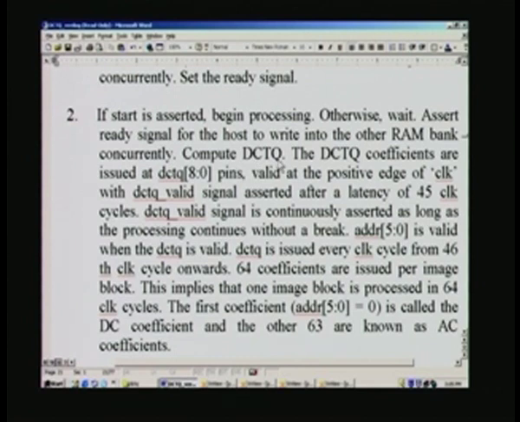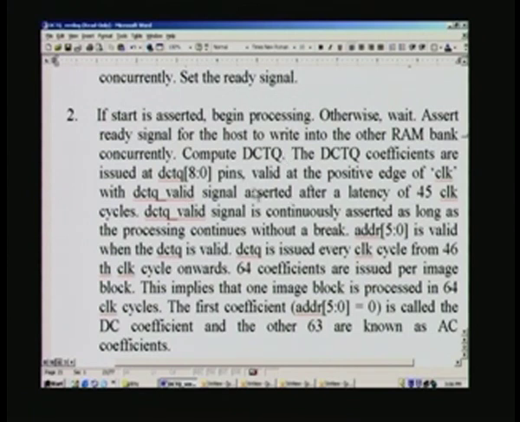Then start computing DCTQ. The DCTQ coefficients are issued at the DCTQ 9-bit pins, valid at the positive edge of clock. This clock is the system clock for DCTQ, and the DCTQ valid signal is asserted. So when the DCTQ becomes valid, simultaneously DCTQ valid also goes high, both simultaneously.